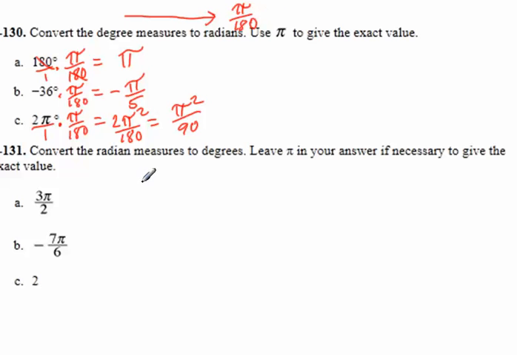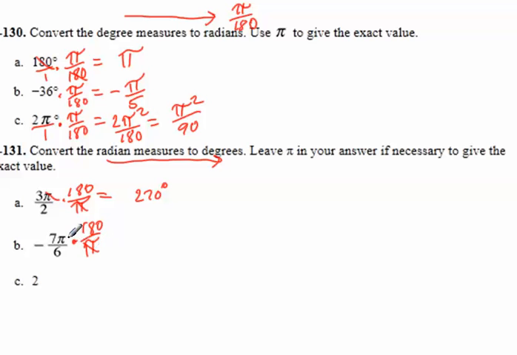Now we're going to do radians to degrees. So we multiply by 180 over pi. Pi's cancel out. We can simplify 180 divided by 2 makes 90, and times 3 leaves us with 270 degrees. Again, 180 times pi.